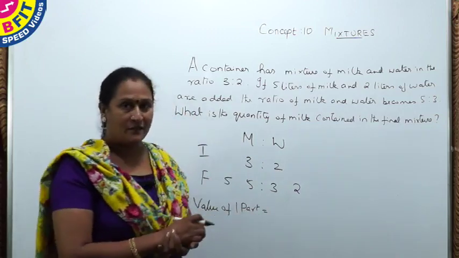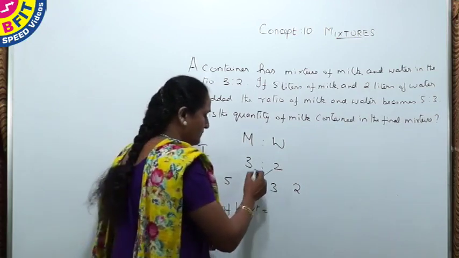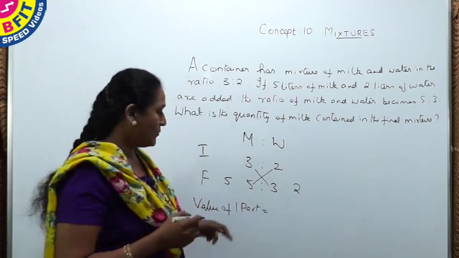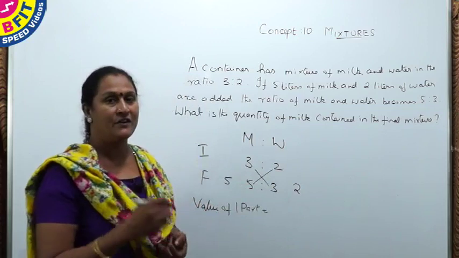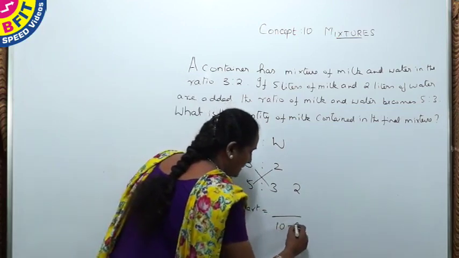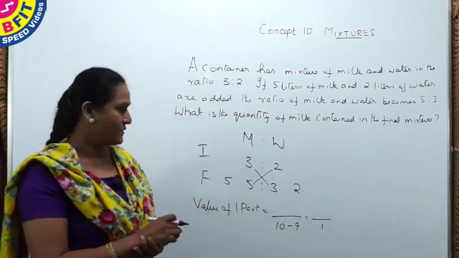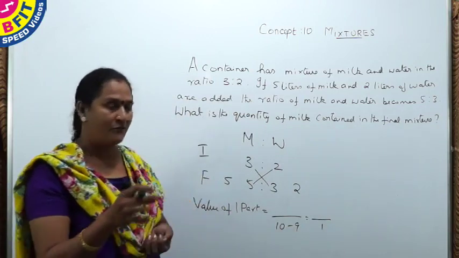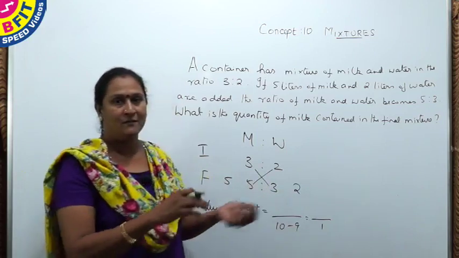So the denominator will be, the same as we did for the ages question, the product difference of the given ratios. The product of 5 and 2 is 10, and of 3 and 3 is 9, so the difference is 1. So the denominator will be 10 minus 9, which is 1. In the ages question, when you decrease the years for past and add for future, the values will be the same, so we subtracted and multiplied.